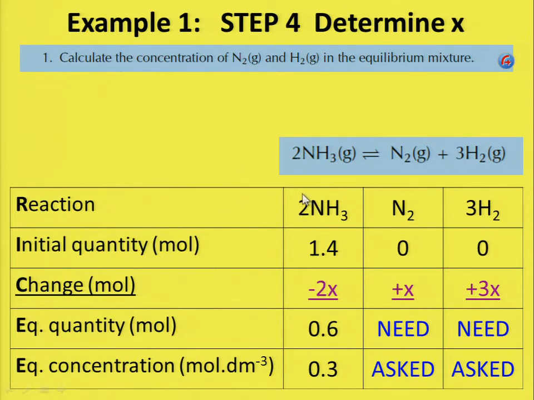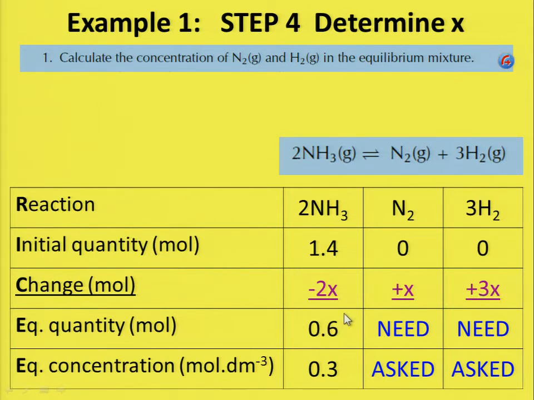Now you can use your table to get to the needed values. Now remember your stoichiometric values. It's 2 moles of ammonia going to 1 mole of nitrogen and 3 moles of hydrogen. So to get from 1.4 to 0.6, we're going to have to do minus 2x. To get from 0 to the equilibrium quantity of nitrogen, you have to add x. And to get from 0 to the equilibrium quantity of hydrogen, you have to add 3x.